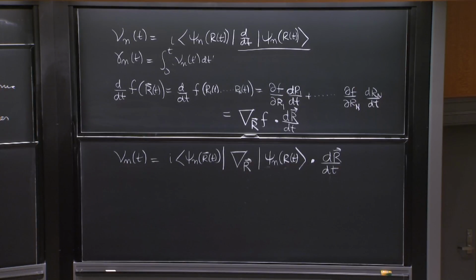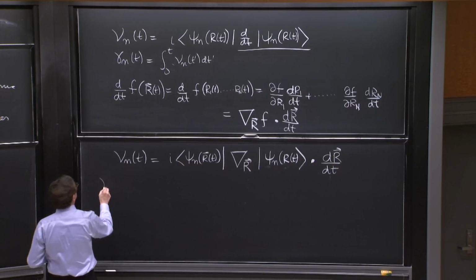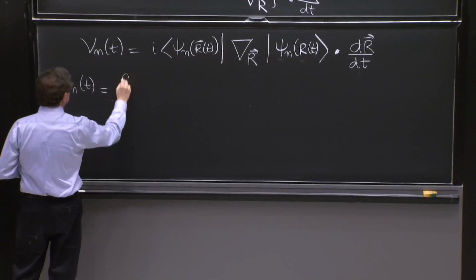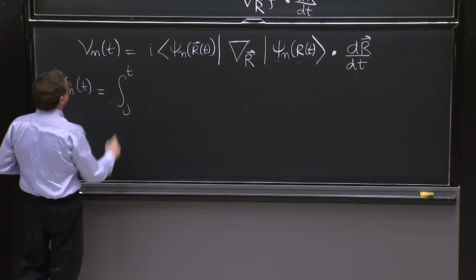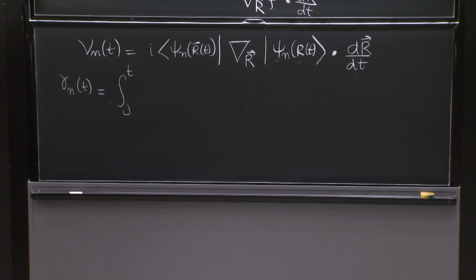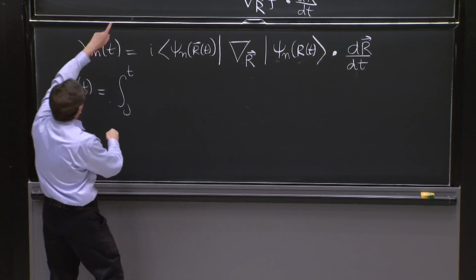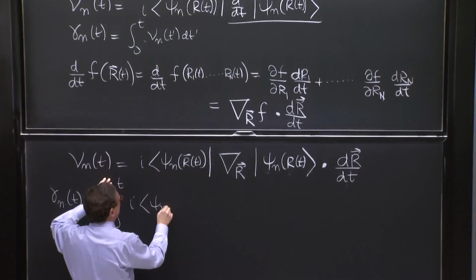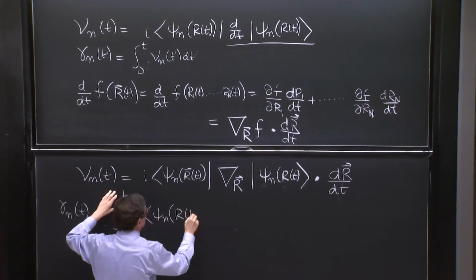So if we have that, we can go to gamma n, the geometric phase. So this is 0 to t, the integral with respect to prime time. So nu n, so it's I, psi n, r of t prime.